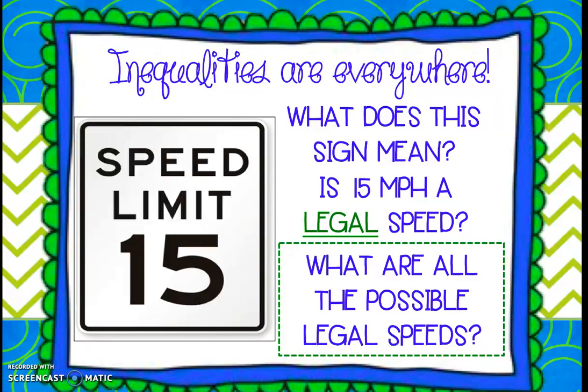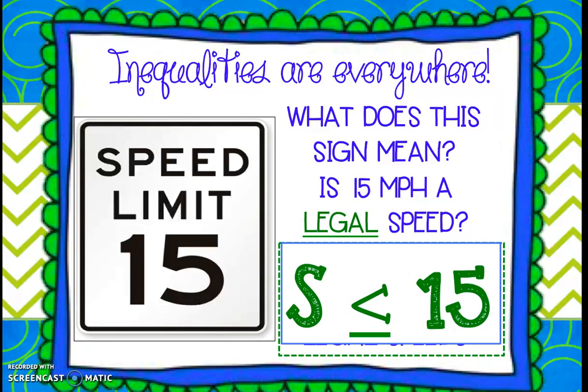So the correct answer could be 15 miles per hour, 14 miles per hour, 2 miles per hour. So in math, we've come up with a way to represent that with an inequality. We could say speed, S, and then we use the symbol here, and that says is less than or equal to 15 miles per hour.